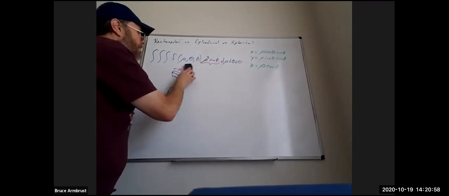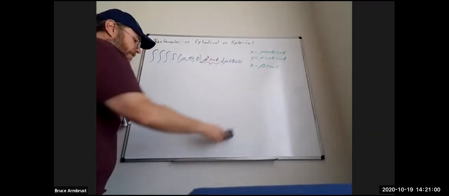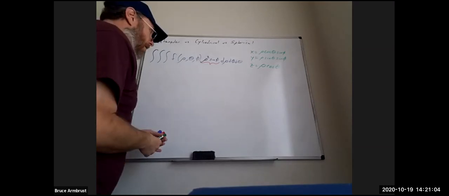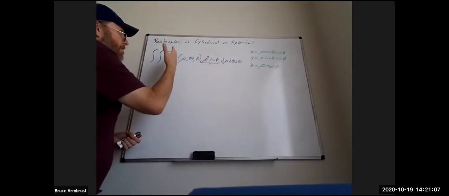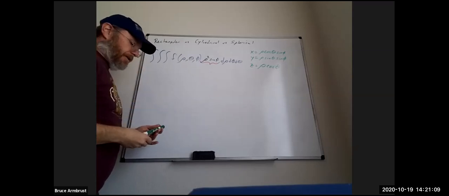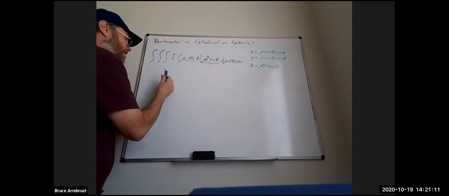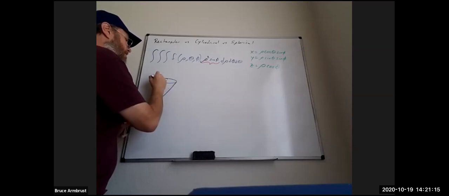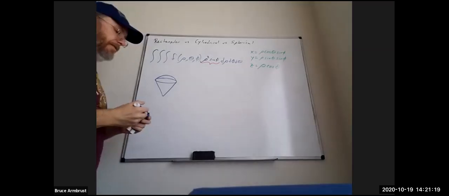All right, so here's what I want to do. Let's go back to that same example, the ice cream cone shape, and let's set it up in spherical. So again, here's our picture. We've got that cone with the ice cream on top. We're trying to find the volume.